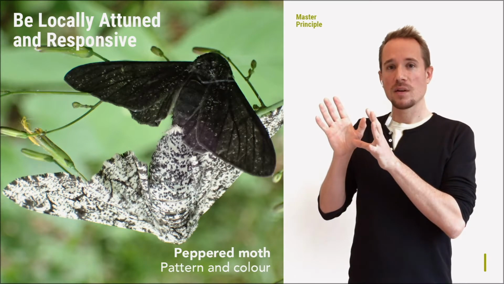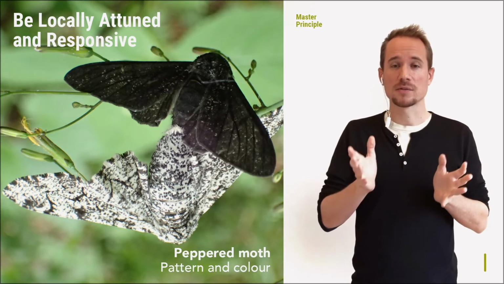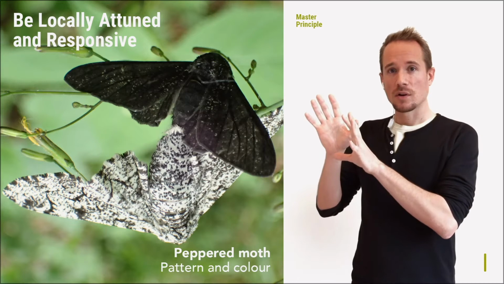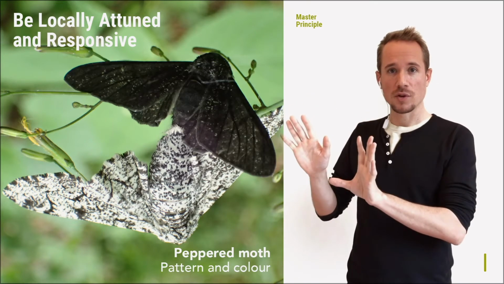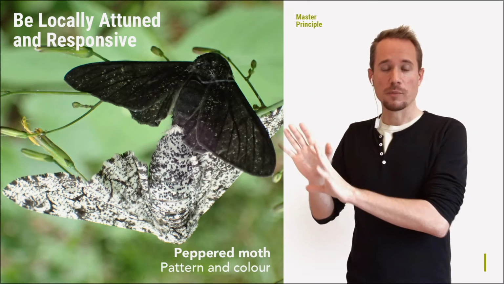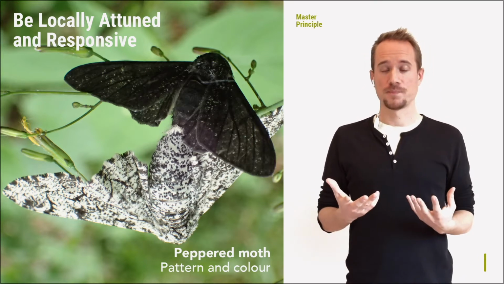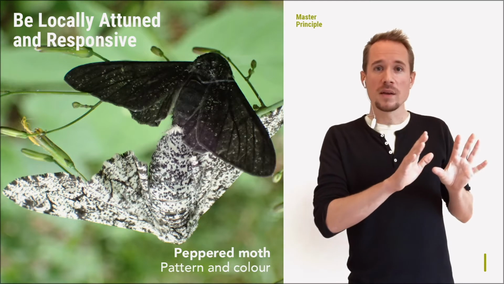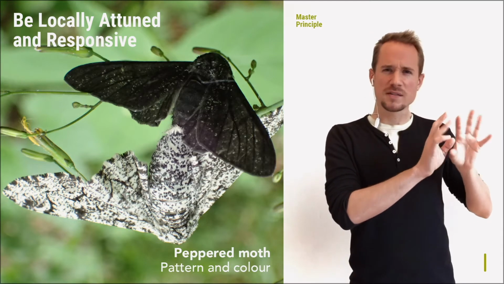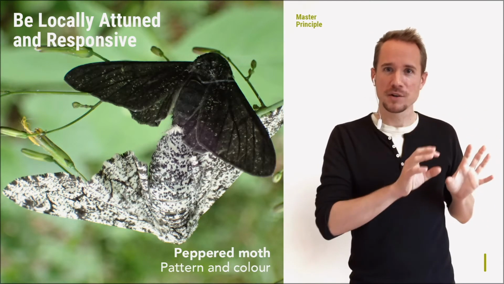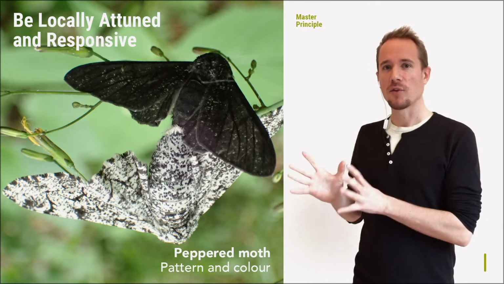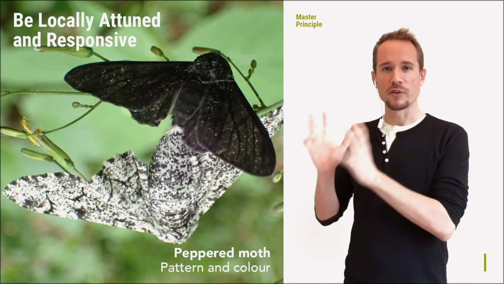And if during the day the adult animals are waiting on the trunk of a birch tree, it's important for them to be camouflaged. So the birch tree is white and gray specked, like peppered. So these animals have evolved to look very similar.